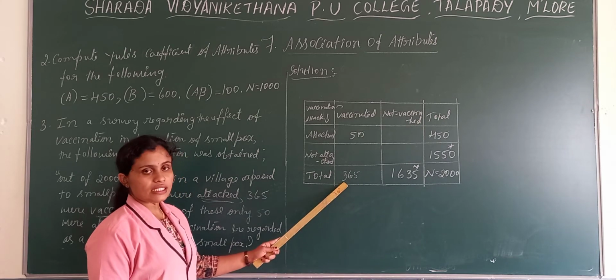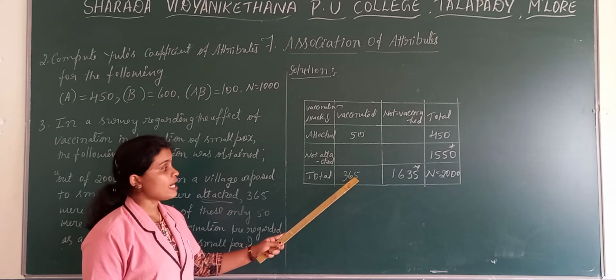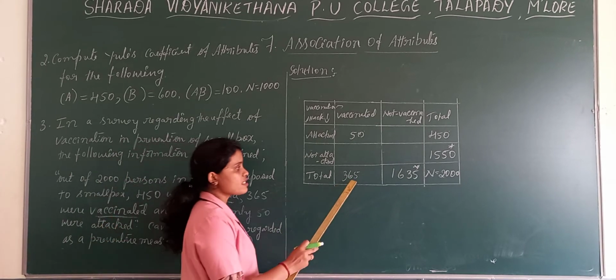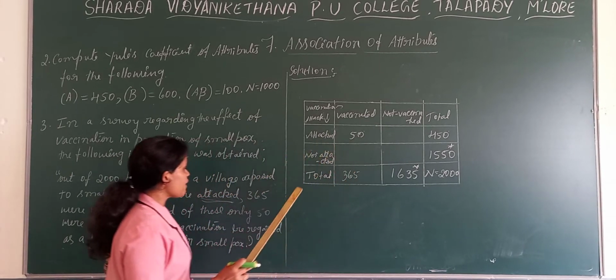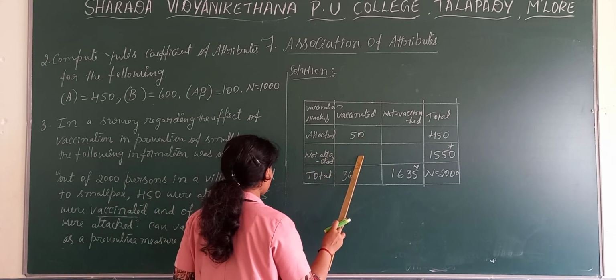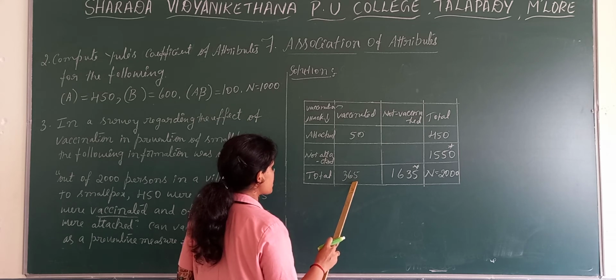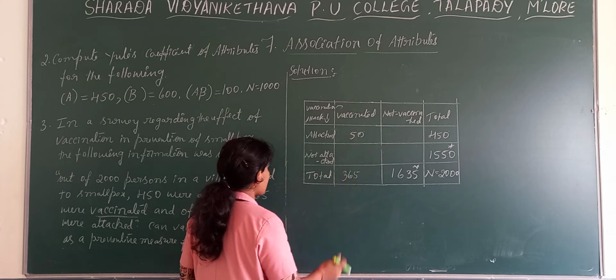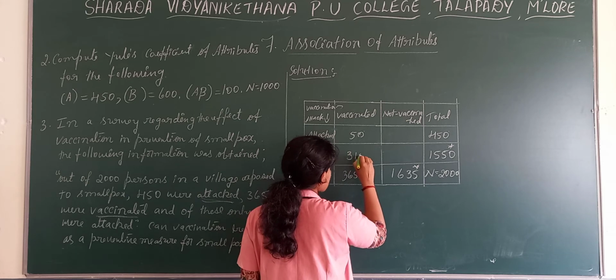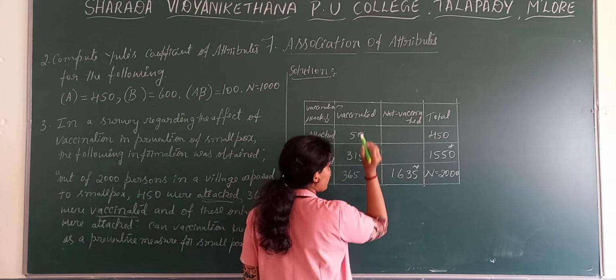Now there are 365 vaccinated people. In these vaccinated people, as they have given 50 were attacked, how many were not attacked? If 50 were attacked out of 365 vaccinated, the not attacked number is 350, that is 365 minus 50.